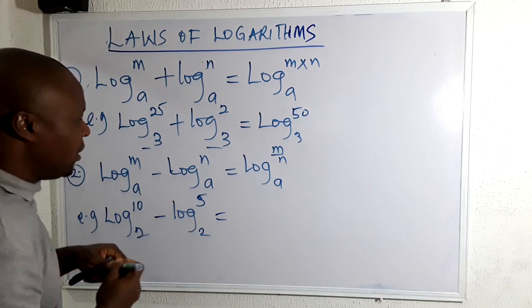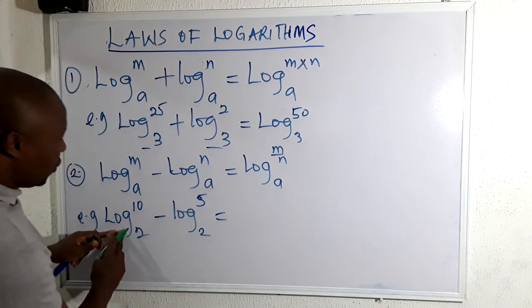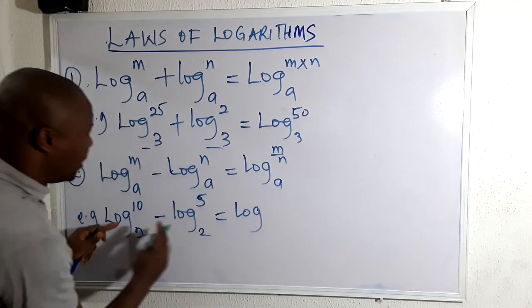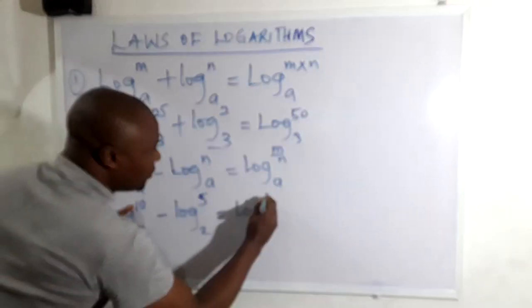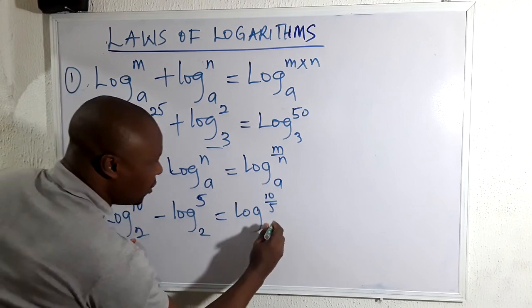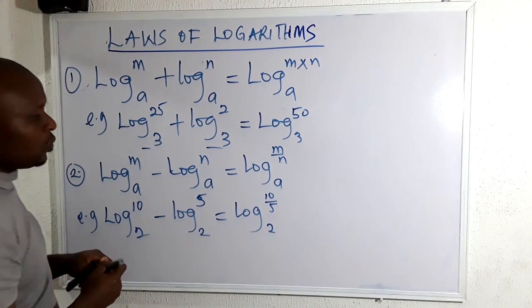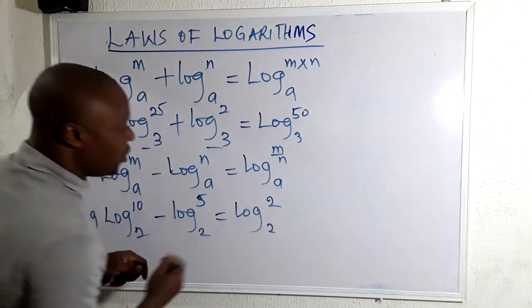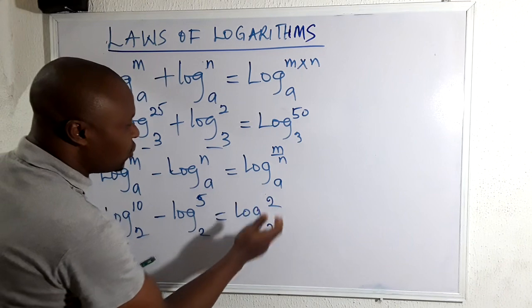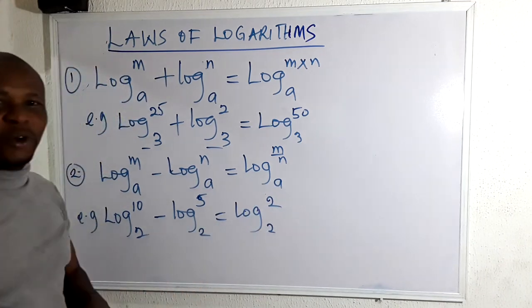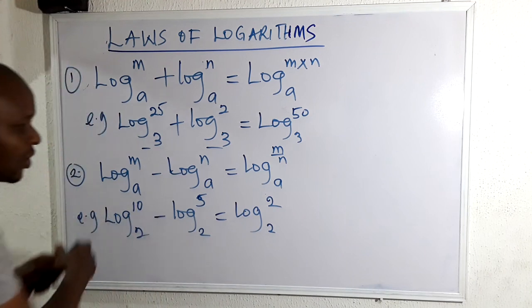Now, so long as the logs are of the same base, you take one of the logs and then we divide the numbers. That will be 10 divided by 5 to base 2. So now 10 divided by 5 is obviously 2. Alright, so this is log 2 to base 2. And this can be simplified further. But let us see the third law.